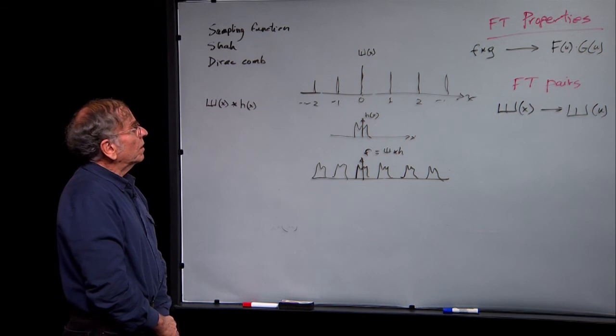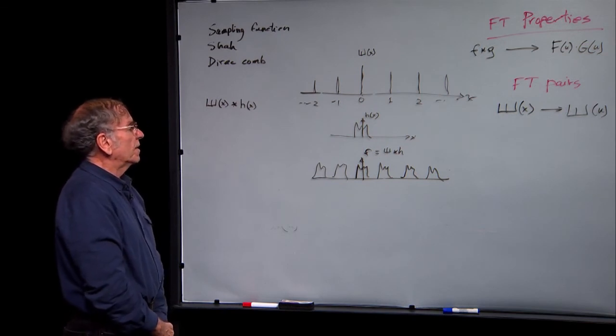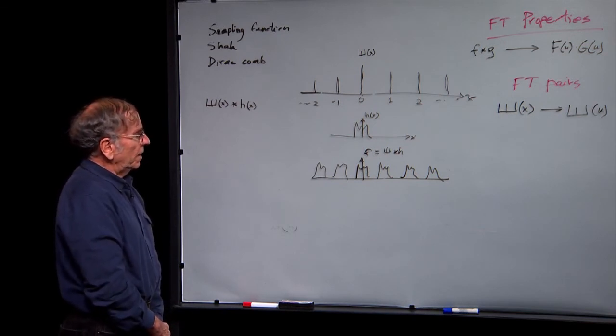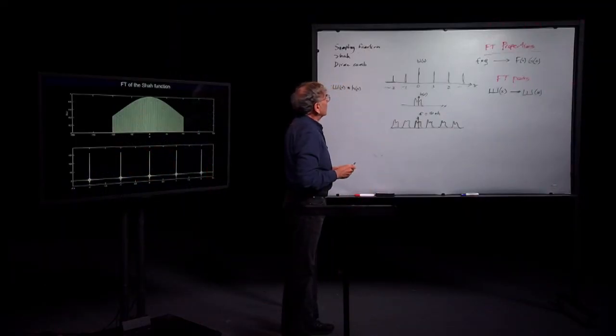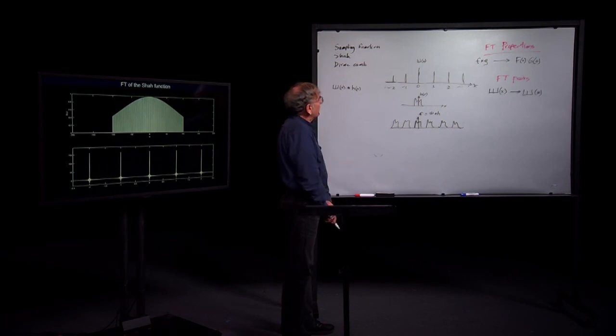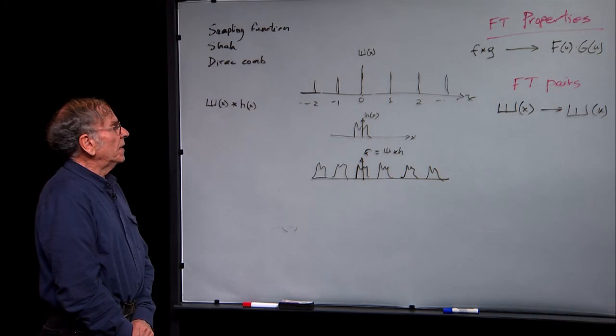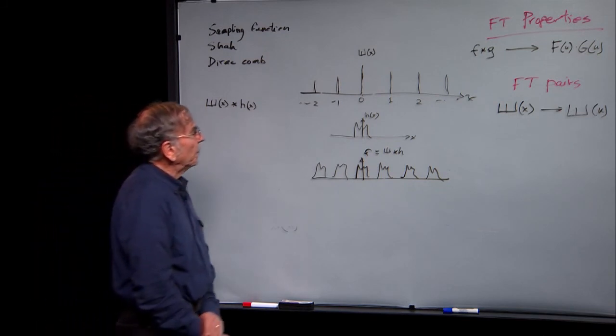So the effect of a convolution with the Shah function is to make many, many copies of our little function. I just told you what it looks like to convolve Shah with some function, but what's happening to the Fourier transform?